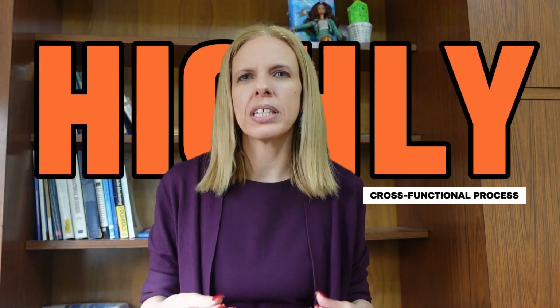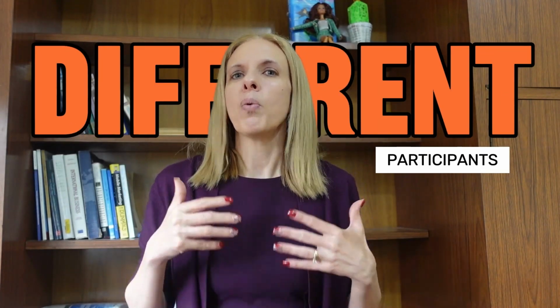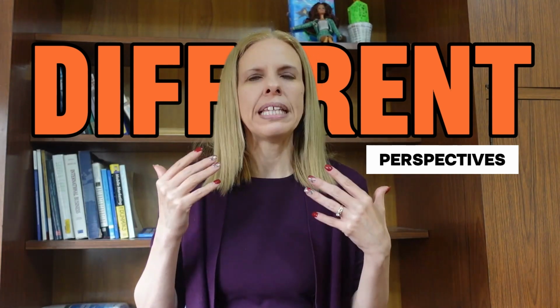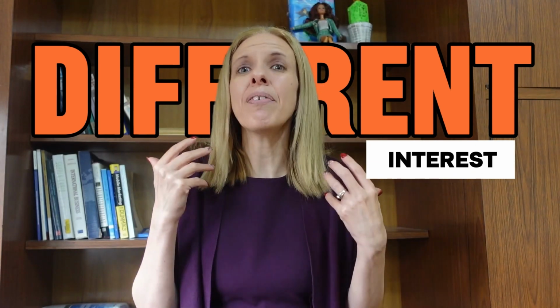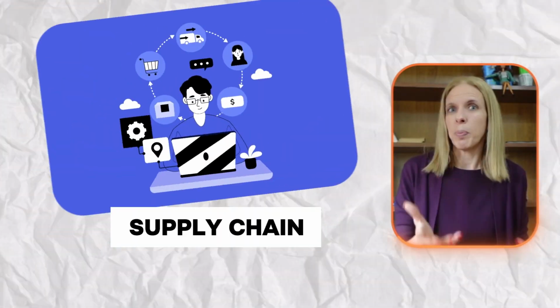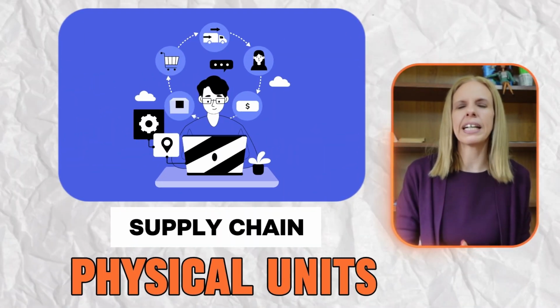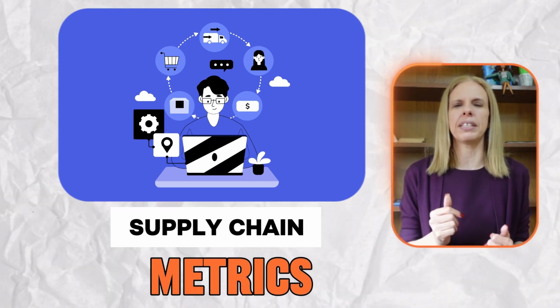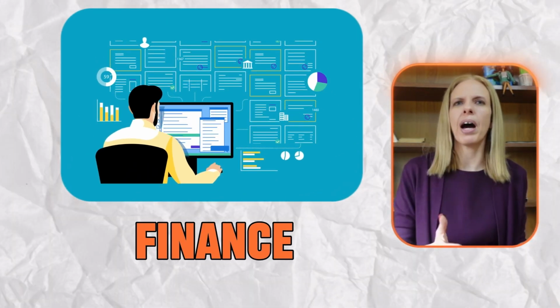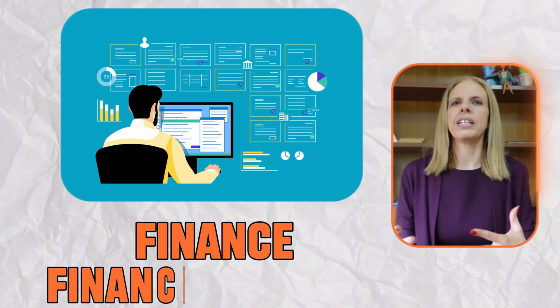As it is a highly cross-functional process, we have different participants with different perspectives, different interests, different gears. They even speak a different language. Supply chain talks about physical units and supply chain metrics. Finance talks about monetary units and financial metrics.